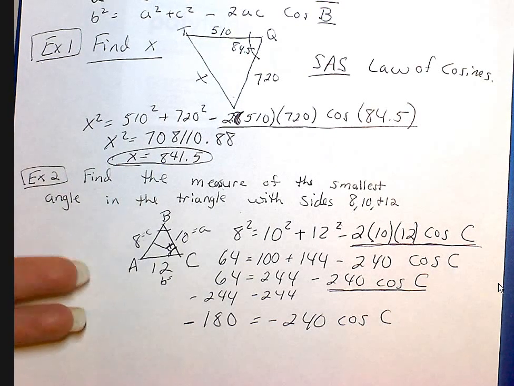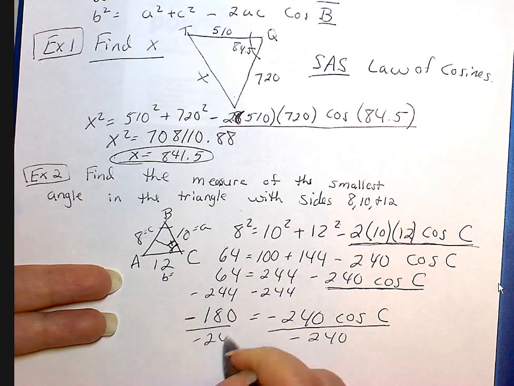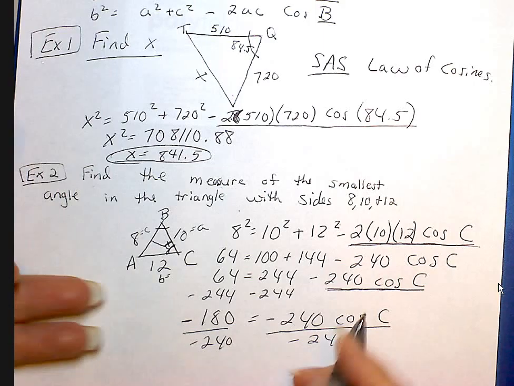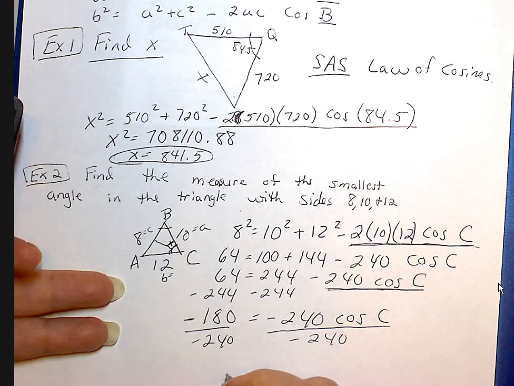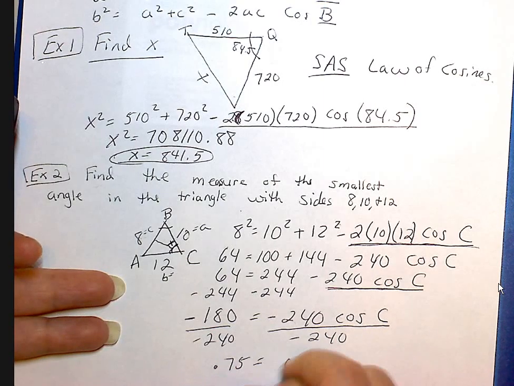Since this is multiplying, we divide. So I'm going to divide by negative 240. So negative 180 divided by negative 240 gives me 0.75 is equal to cosine C.